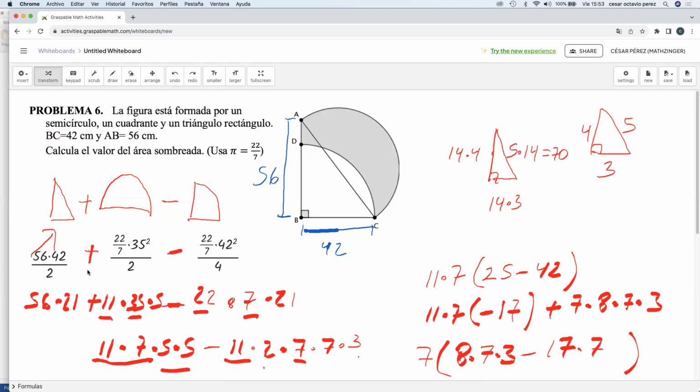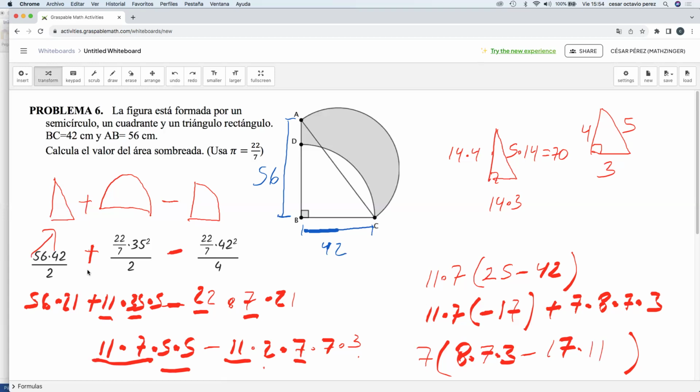You didn't say 7 times 8 times 7 times 3 minus 17 times 7, but it should be 17 times 11. Yes, that's right. Okay, that's right.